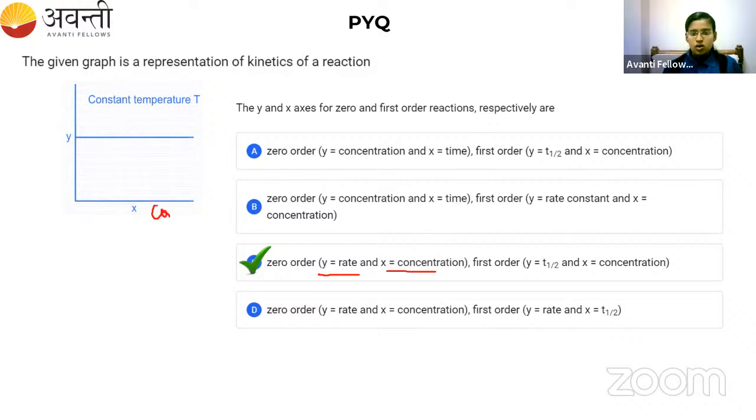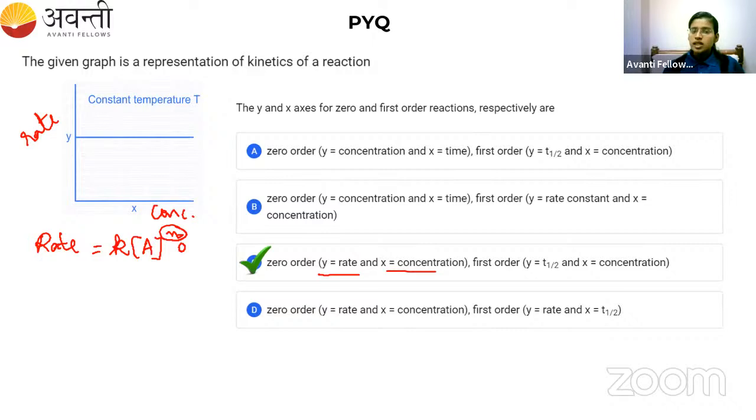So x is the concentration and y is the rate of the reaction. So what is the rate equation for zero order reaction? Rate of the reaction is equal to K into, I'll take A as the reactant, A to the power n. And here this n is going to be 0 for zero order reaction.